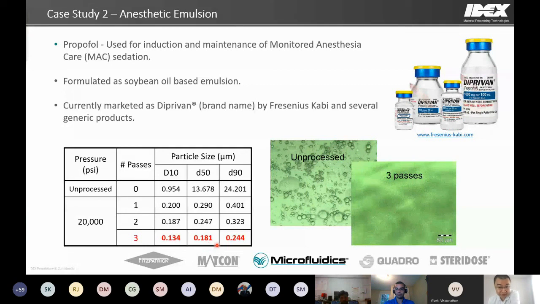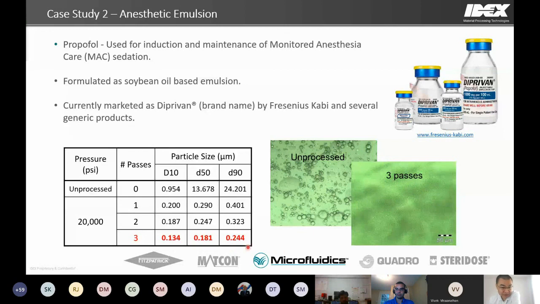Although in this case propofol is a stable drug, very stable at high temperature, which means the emulsion can be autoclaved for sterilization, the processing results shown here give a D90 particle size after 3 passes, again, remember this is a volume-based result, which means 90% of the droplets are smaller than this size, of around 240 nanometers.